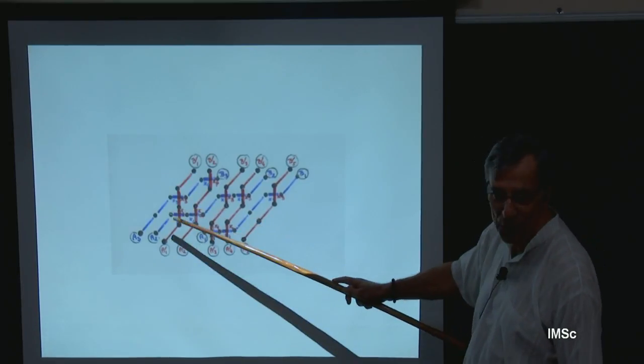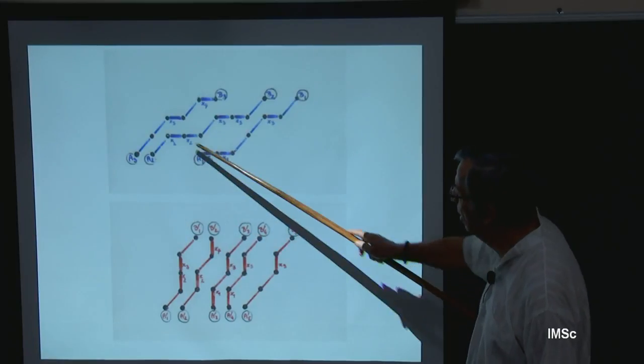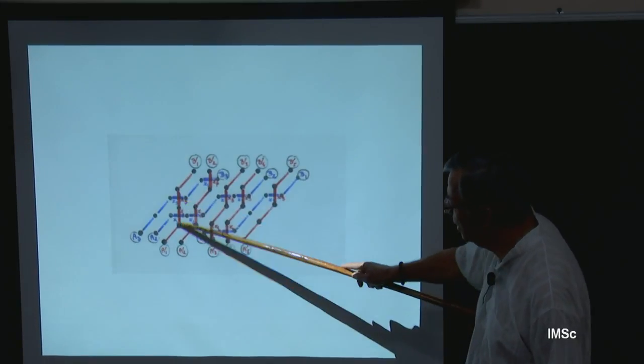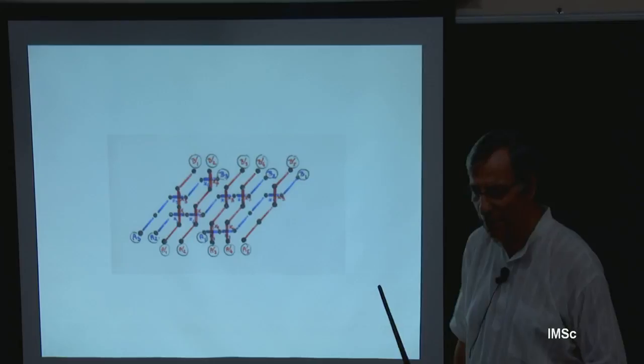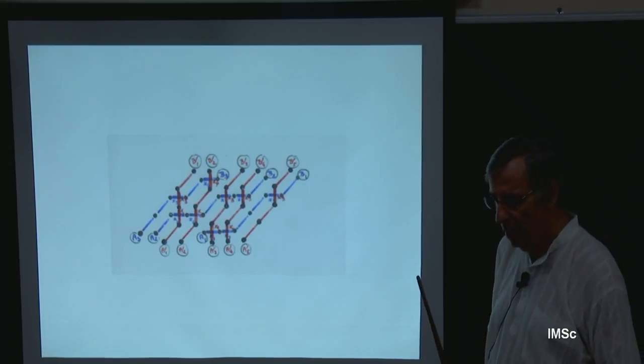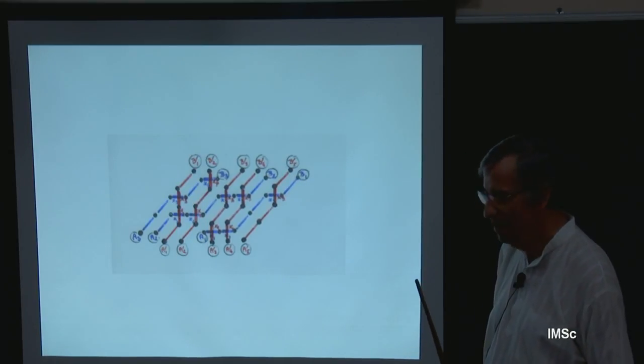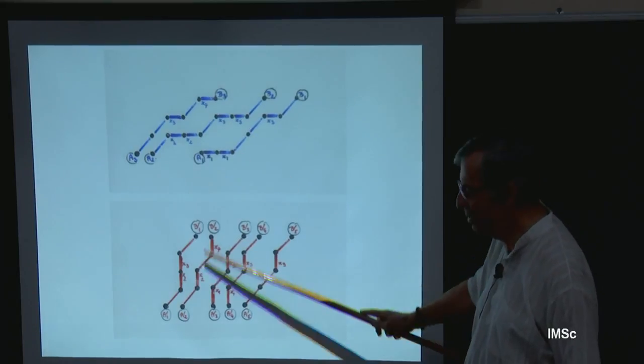So you see each blue step of one configuration, its bijection is a red step of the other configuration. There is a bijection between configurations of two types.